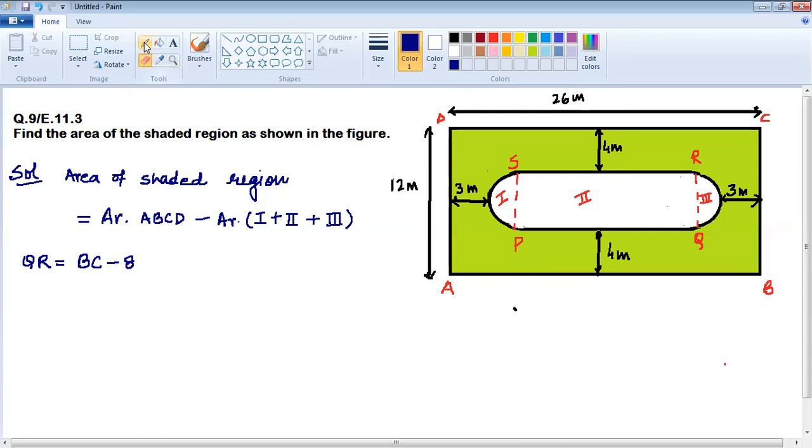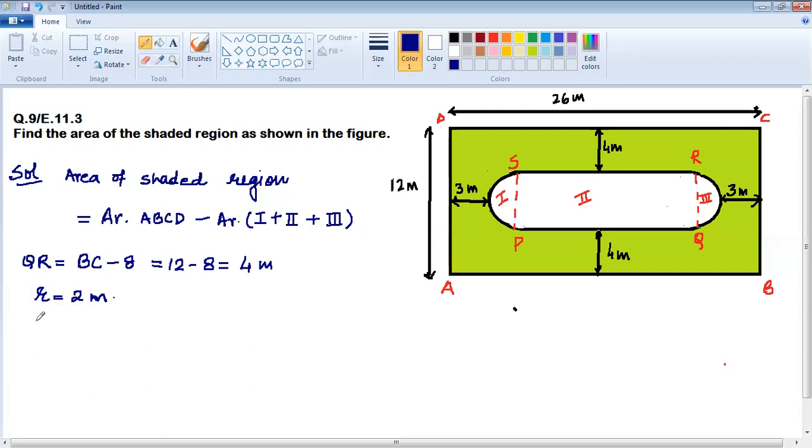BC is equal to AD, that is 12 minus 8. So QR is 4 meter. And hence the radius of the semicircles is 2 meter, half of it.